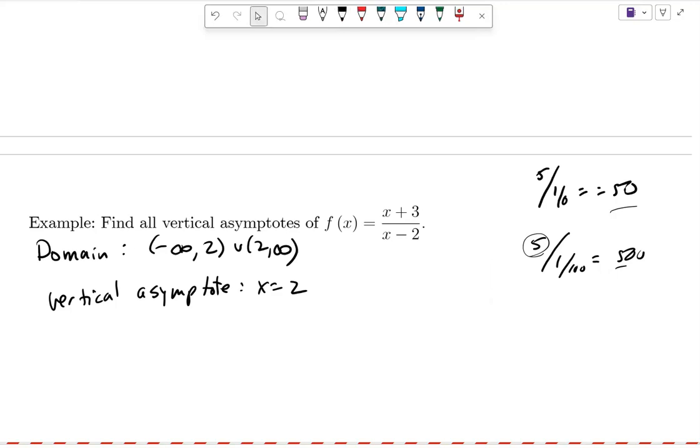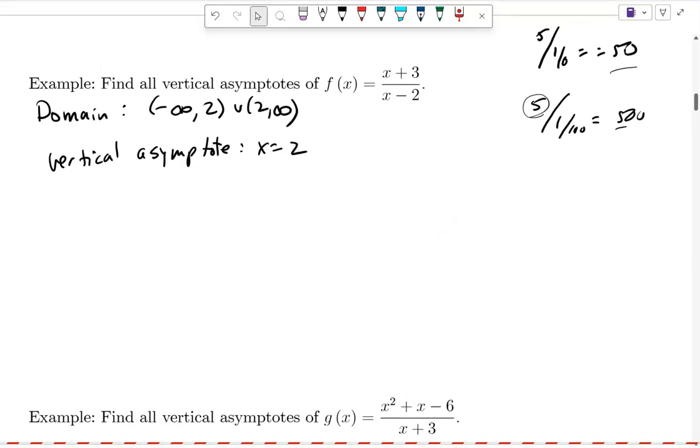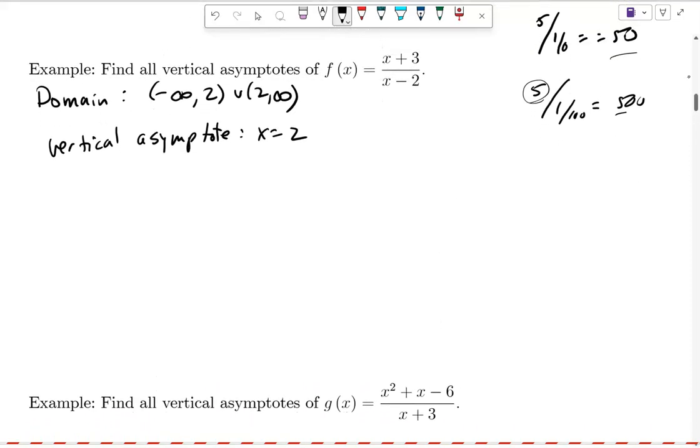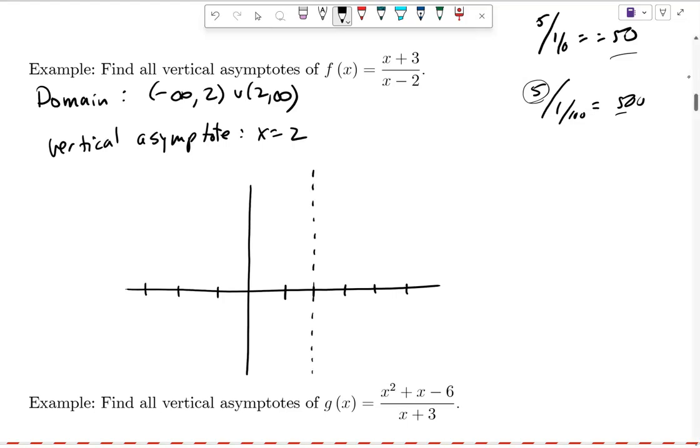Okay. So on the graph, we would have this vertical line. Now, be careful. That vertical line is not really part of the graph. It's just a guide to help us draw. Okay?